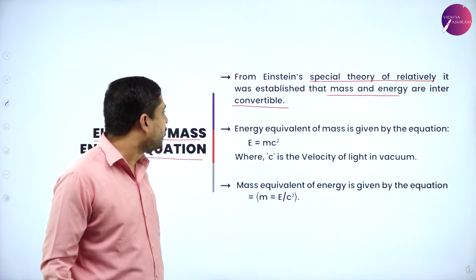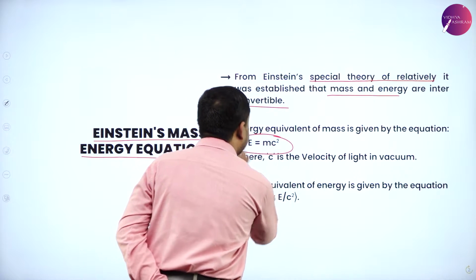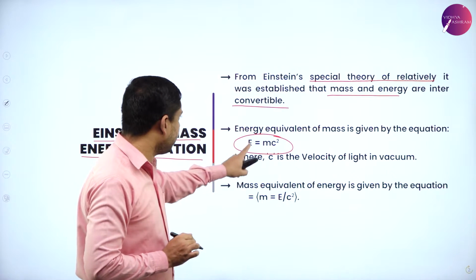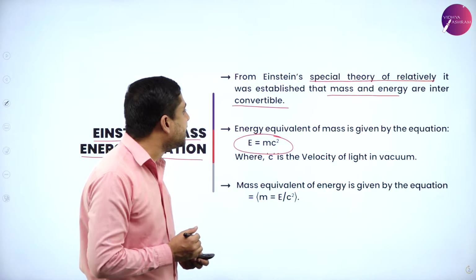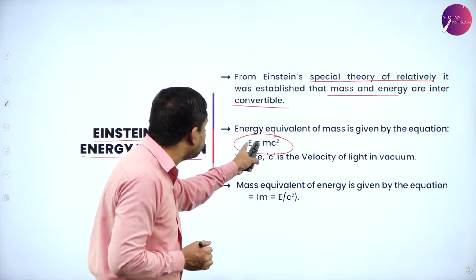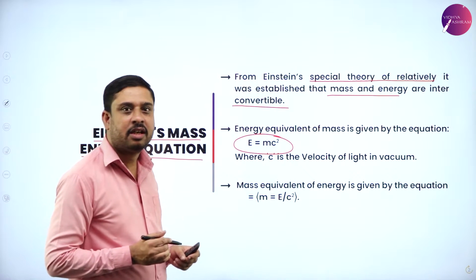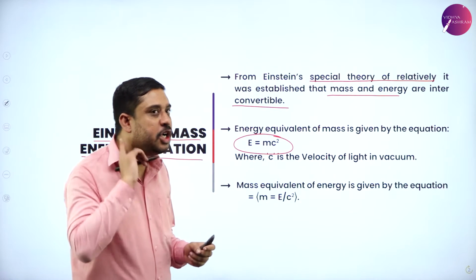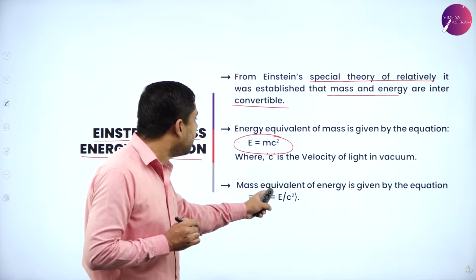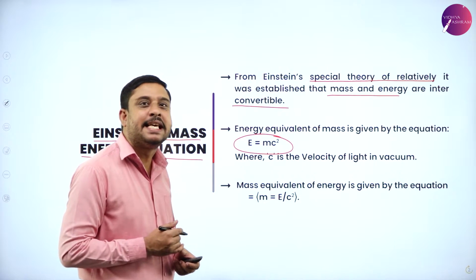Therefore, he puts forward a very important relation, E equals mc square, where c is the velocity of light in vacuum. So if you observe here, we are expressing energy in terms of mass. E is equal to mc square, or m is equal to E divided by c square.